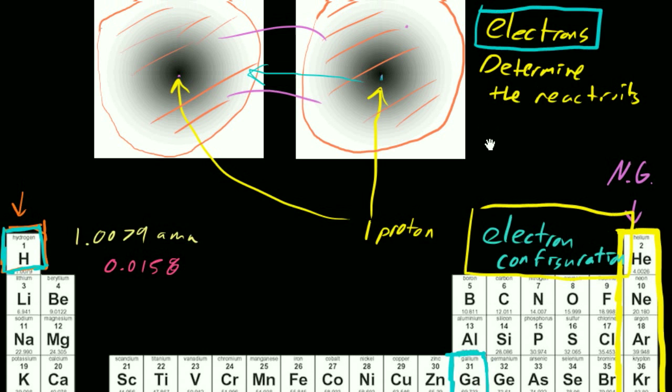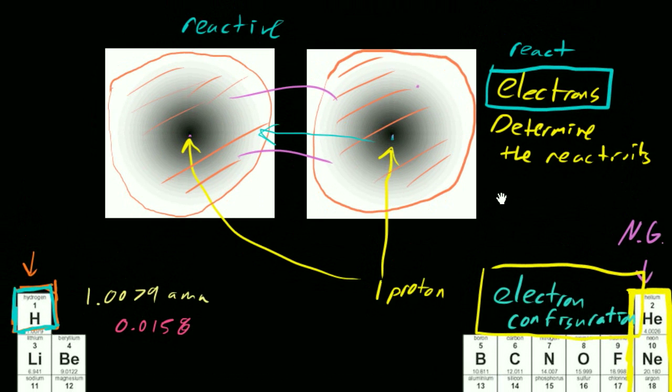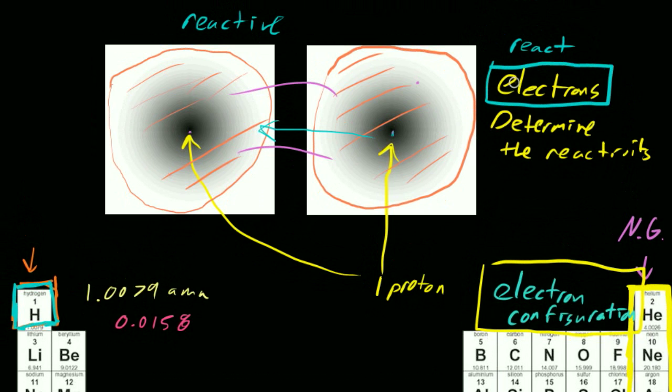But still, the point I want to get across here is that the electrons and the electron configuration are going to completely determine how reactive different elements are. And this is essentially what the rest of our course is about, how reactive different things are. There are numerous different ways to cover electron configurations.